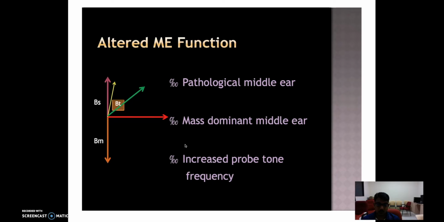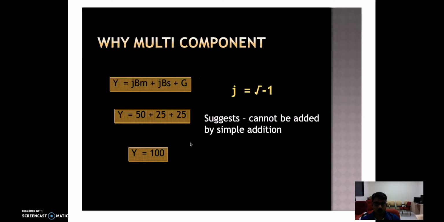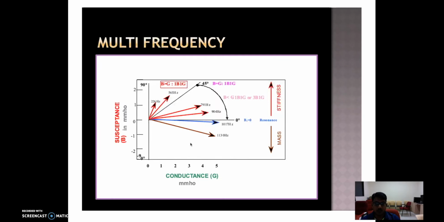That is, you purposefully increase the probe tone frequency, maybe because you wanted to measure at 678 or 1000 hertz, or maybe the child is very young. In such a case there would be more contribution by the mass component than the stiffness component. In any of these circumstances, there would be more contribution by the rest of the components.